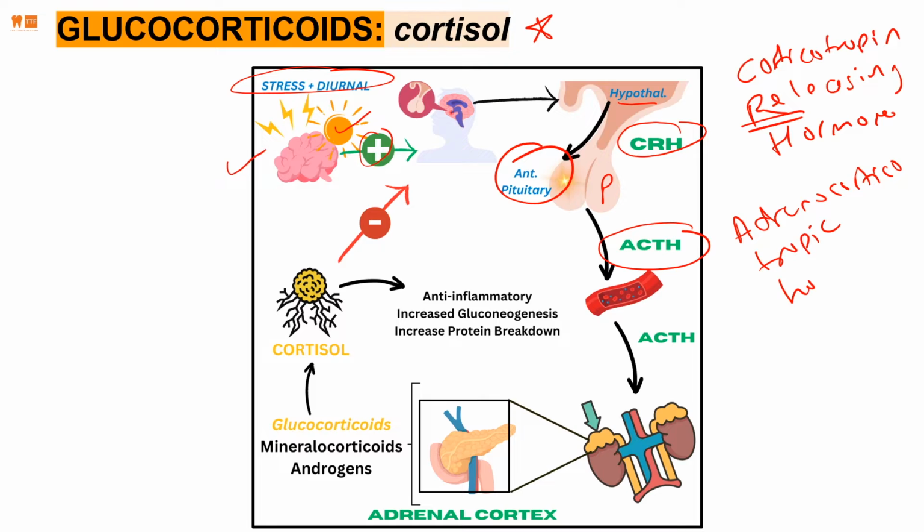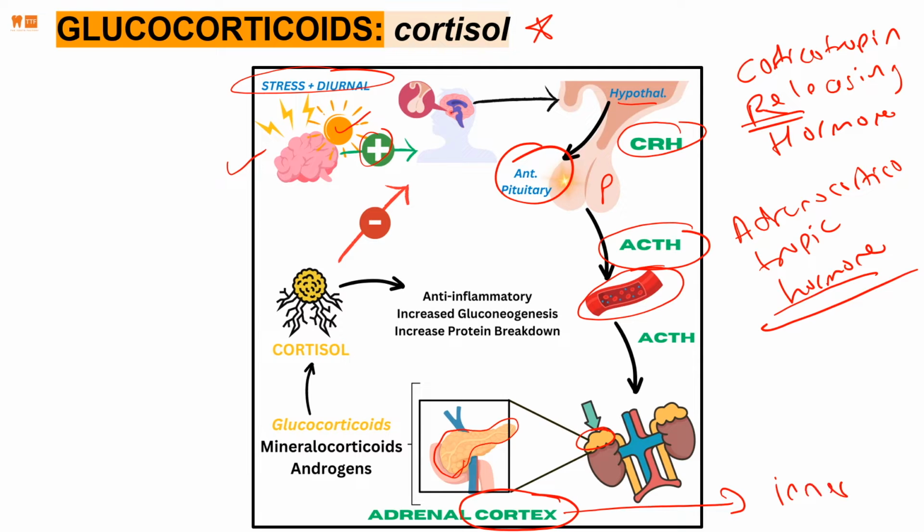Corticotropic hormone, which then goes into the bloodstream to the kidneys, right over the kidneys at the adrenal gland, not the medulla. Then the cortex accepts it because CRH and ACTH respond to the inner two layers of the cortex only, not medulla. Okay?